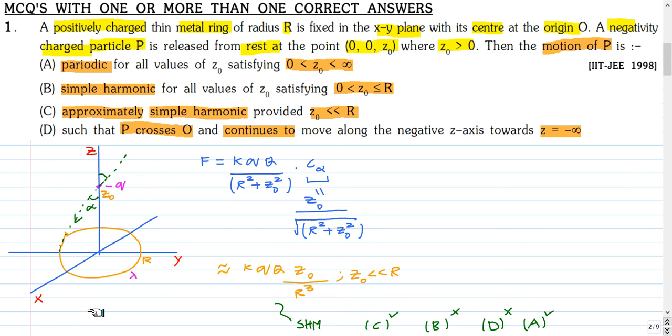So the velocity will keep on decreasing, and after that it will turn back. It will turn back at z equal to minus z0, come up to plus z0 and keep oscillating. So option D is not true. Option A says it's periodic for all values of z0. Yes, it's periodic because it's an oscillating motion, and the oscillating motion is a periodic motion. So the correct options are option A and C.